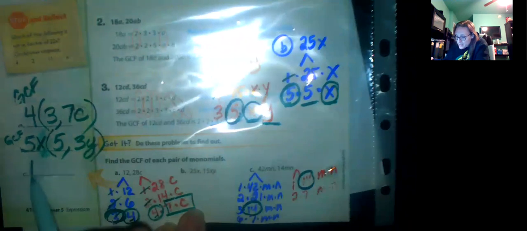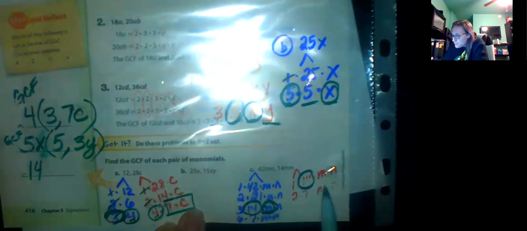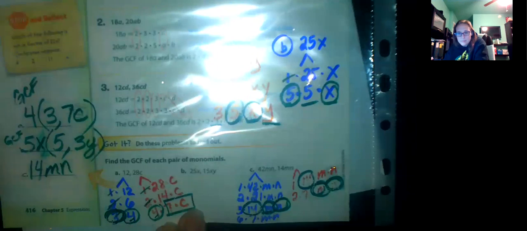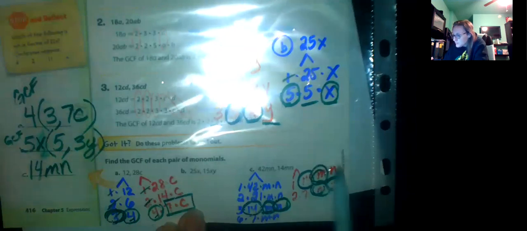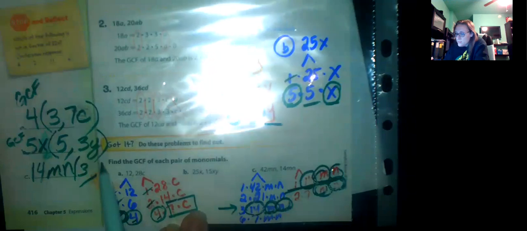So we're going to put the 14 here, but look what else they have in common. They have an m and they have the n. Okay, so what are they left with? On this one, they're left with the 3. On this one, they're left with the 1. Okay, so you have to look at what they're being left with.